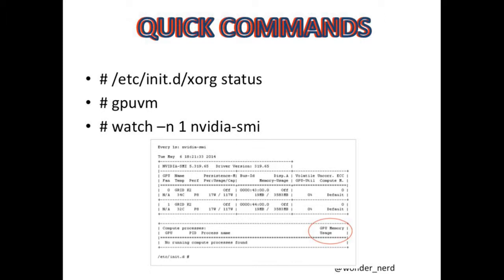gpuvm is going to give you some stats about the GPU and let you know whether the driver is installed properly and running. So again, a lot of good information there. And then my favorite tool, which is specific to NVIDIA, is nvidia-smi, and you can see a screenshot of it here on the screen.